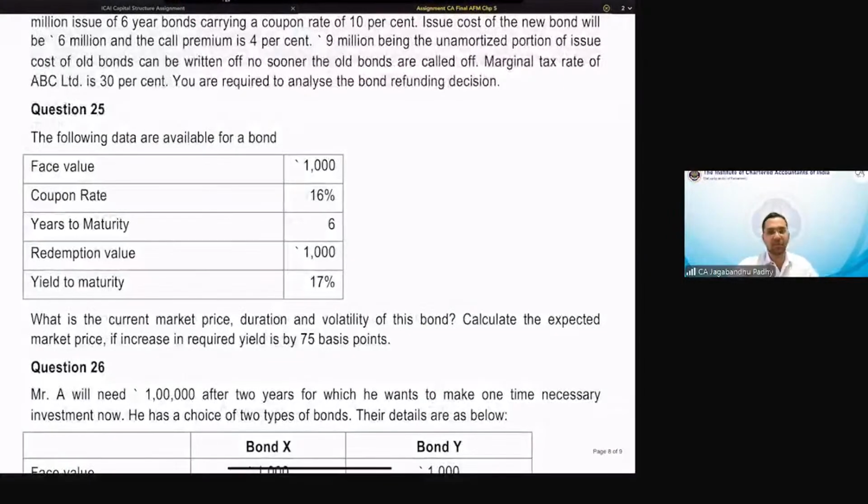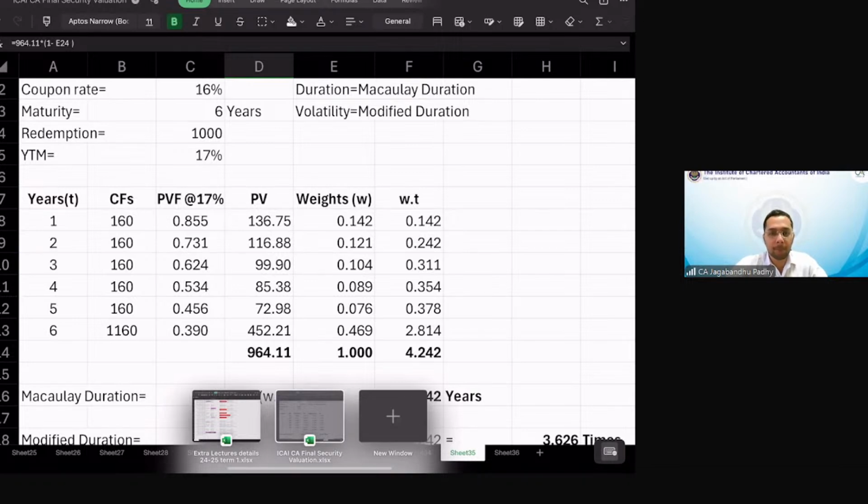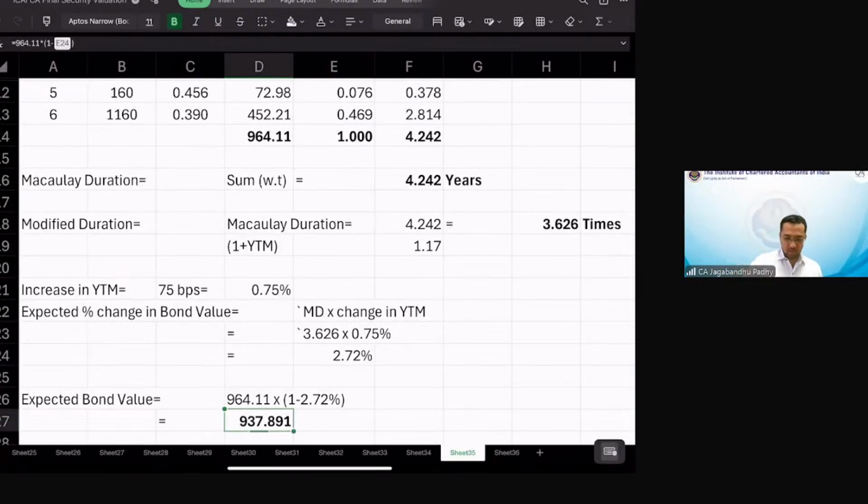So this is the answer to question 25. Are we getting this, everyone? 937 or 938, approximately 938.